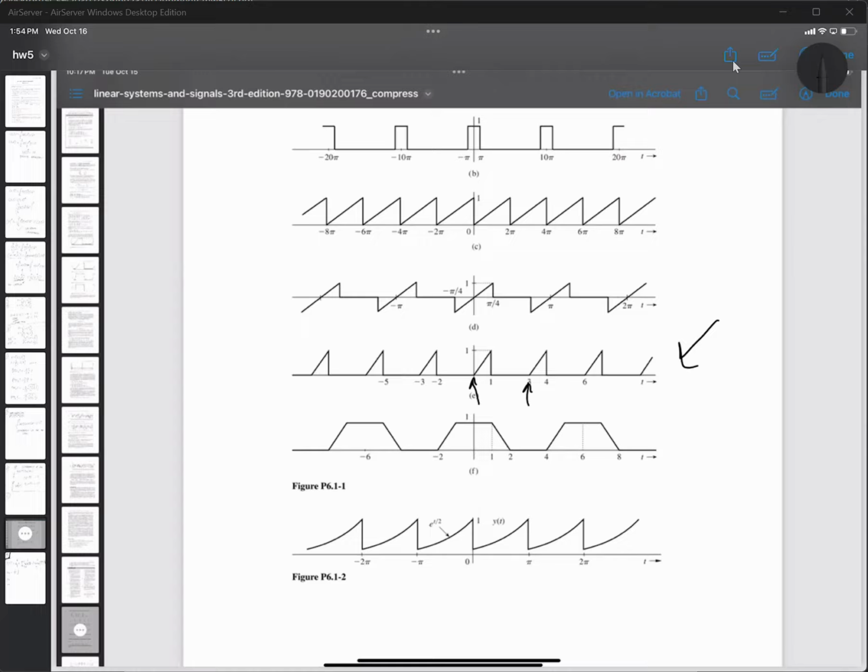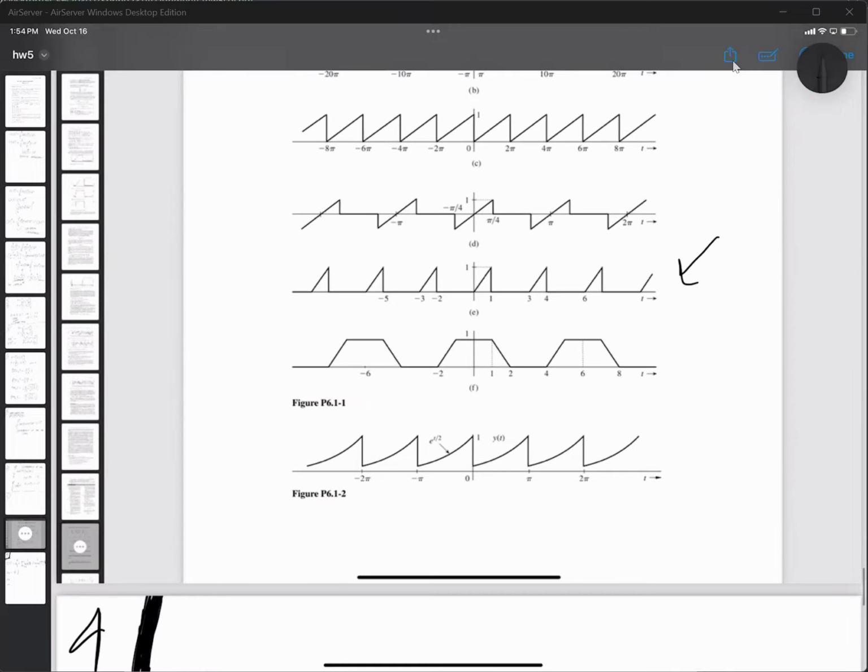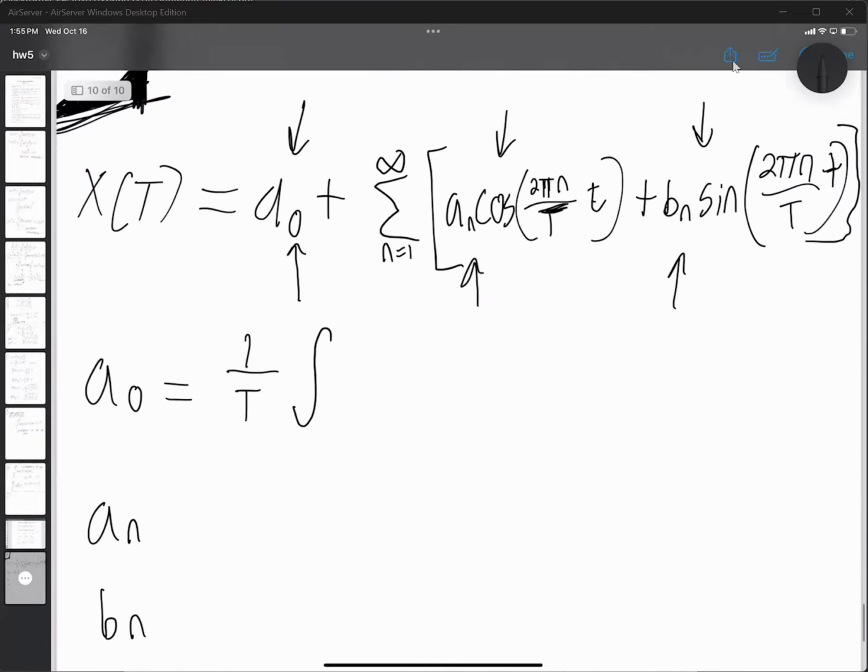That's one whole period of that function. So we're integrating from 0 to 3, but it wouldn't help to integrate where it's going to be 0 no matter what. So we're going to integrate from 0 to 1 of x of t dt, whatever that function is in that interval.